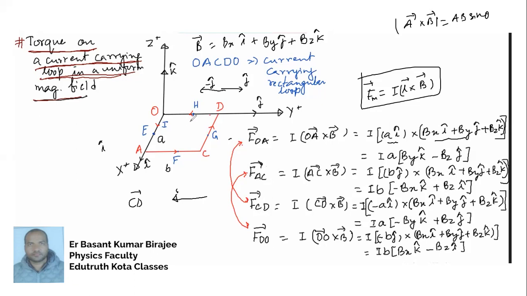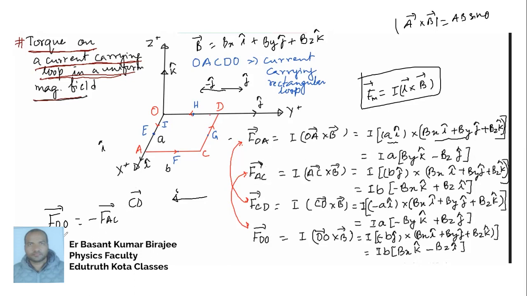This means the magnetic force experienced by the DO arm has the same magnitude but opposite direction to that experienced by the AC arm. So you can also write it like this, F_DO is the negative of F_AC. The magnetic force on this arm is just opposite of the magnetic force on this one, and so both have the same values, but the directions are opposite.